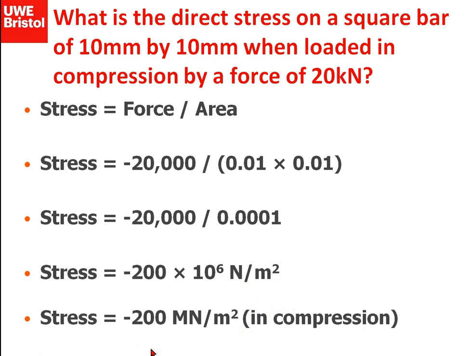And then I could finally restate this in terms of megapascals or meganewtons per meter squared. So minus 200 megapascals. And I could also highlight, this is not considered a double negative. This is what you should do. So even though we have minus here, we can also tell the reader that we know that this is in compression. And so we could highlight that to the reader that it's in compression.